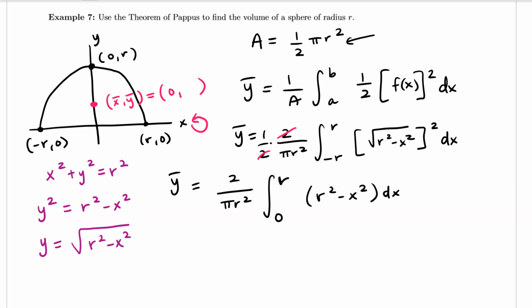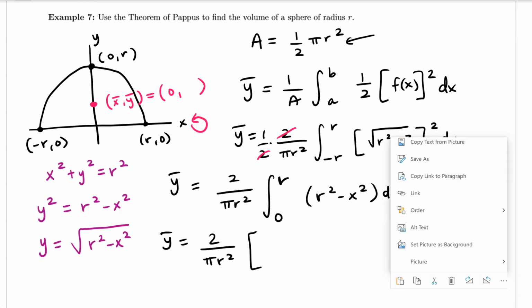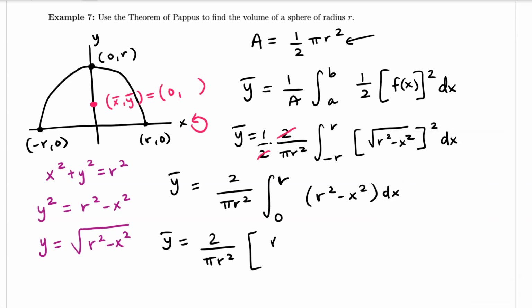Now, when we're integrating this, be careful because we're integrating with respect to x. Why am I bringing that up? Because I will often have students do something like, oh, I have an r there, and the antiderivative of r would be r cubed over 3.